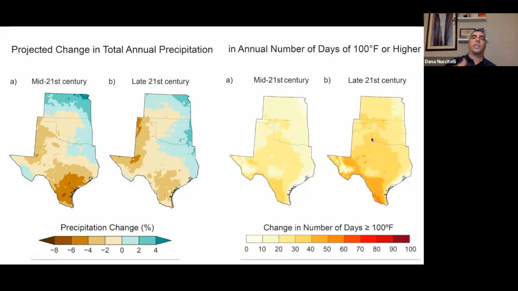And of course, as everything gets warmer, we're going to see more extreme hot days, from 10 to 50 or 60 more days than there are now per year above 100 degrees Fahrenheit in southern Texas. So lots of potential extreme heat problems.